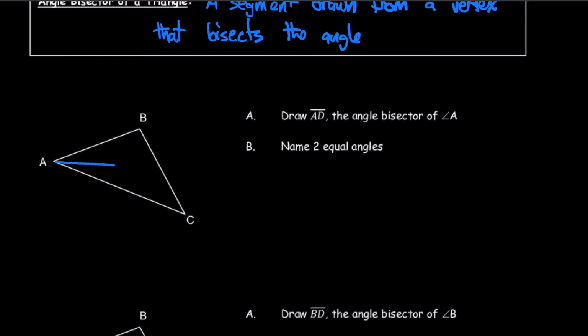So draw that through, and then wherever it intersects on the other side, we'll call that D. And what we know is that angle and that angle are now equal. Name the two equal angles. I'm highlighting them. This is one angle, so that's BAD, and then this is the other one, CAD. Angle BAD equals angle CAD.